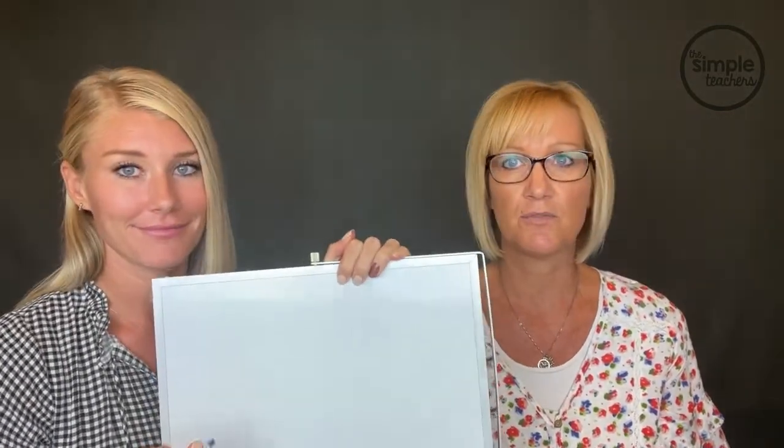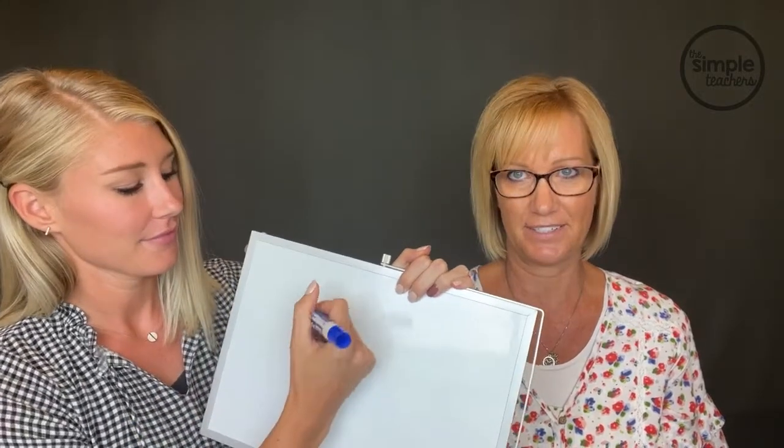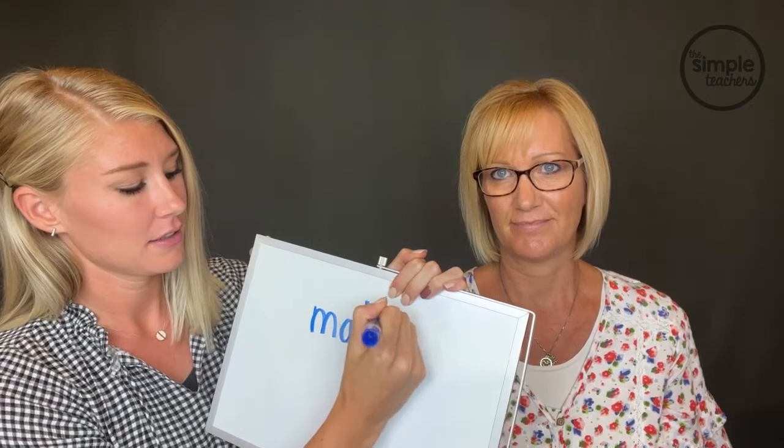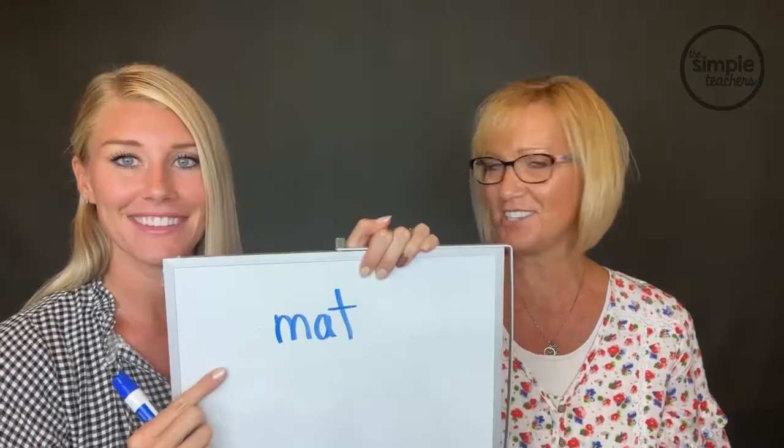You can choose whatever you have in the classroom. All right, here we go. The word I would like you to write is mat. Mat. Listen to all the sounds and write the spelling for mat. Nice job. You got every sound spelling. So that's one way to do dictation.